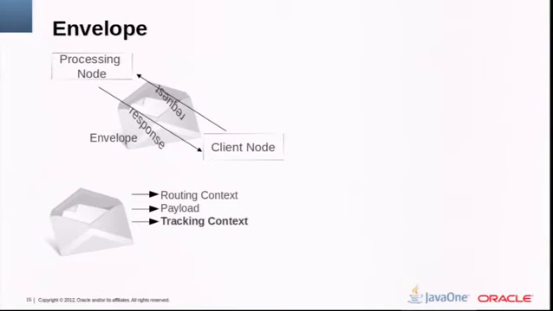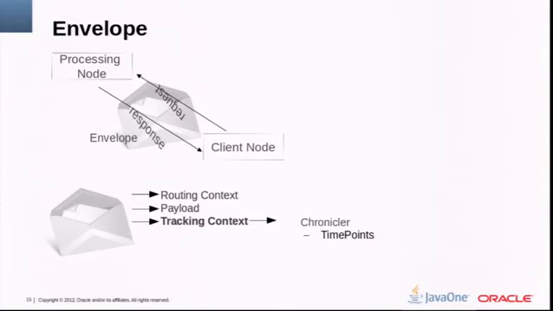The third, this model of introducing an envelope gave us an opportunity to introduce the concept of tracking. We have this tracking context in the envelope, and as the envelope is flowing through the system, we update this tracking context. How do we update that? We introduced a concept called chronicler. As the request is sent, we add a chronicler.